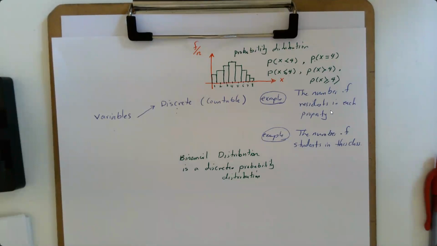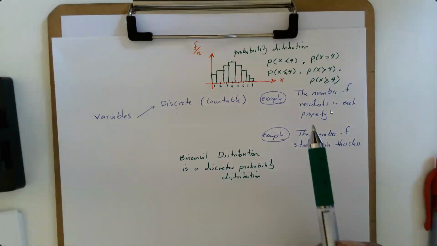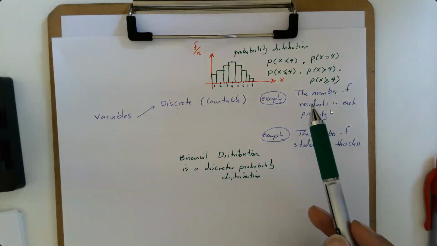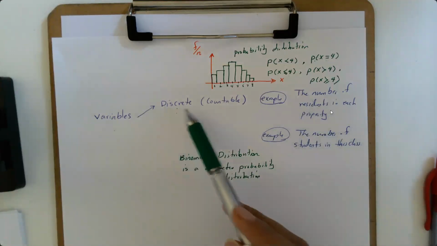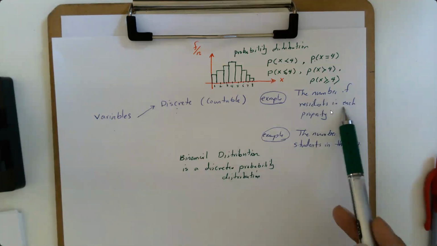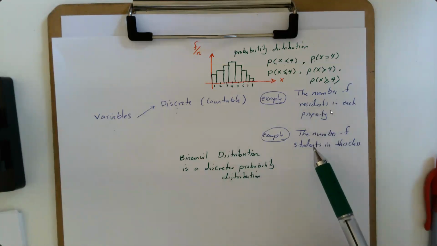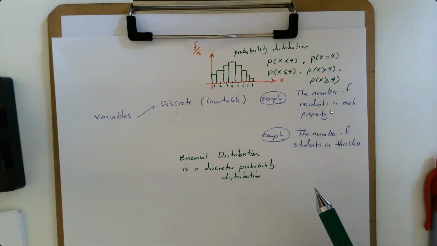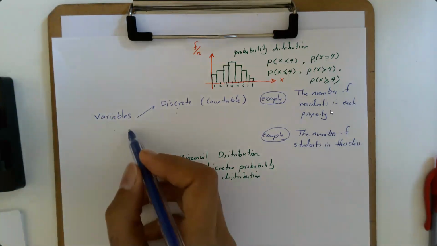Well, now I expect you to ask, so you gave us examples about discrete or countable variables, the number of residents, the number of students. What if it's not countable? Well, I'm glad that you asked.